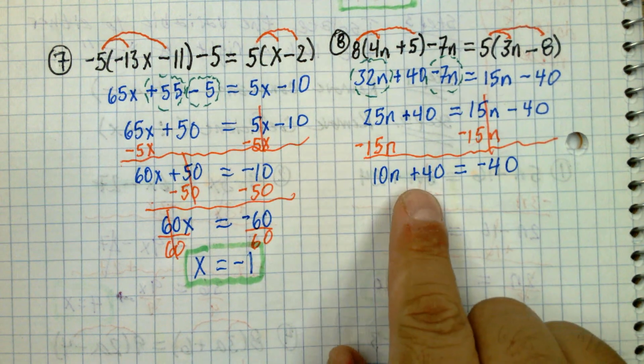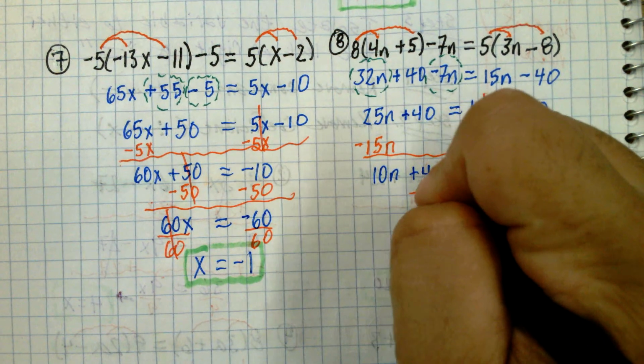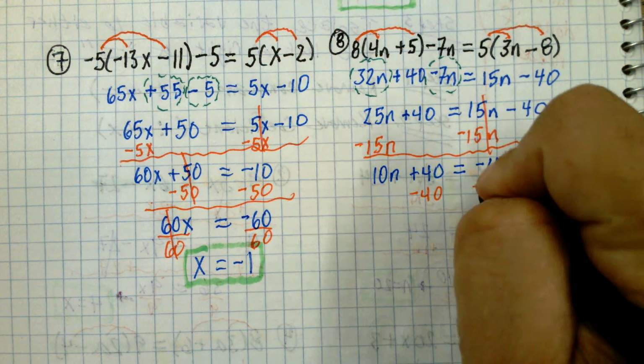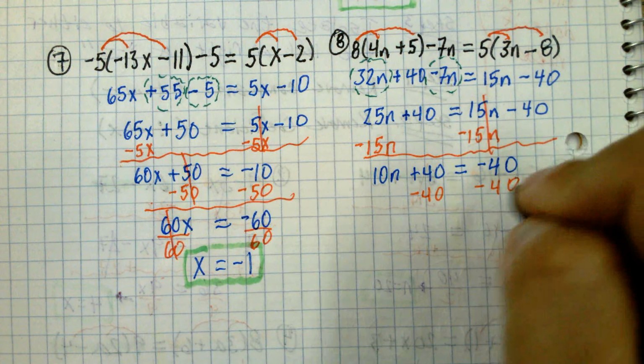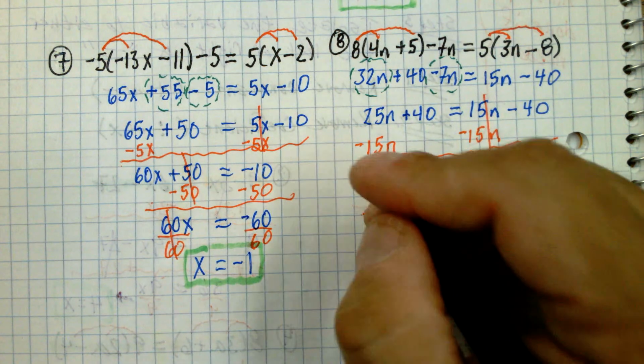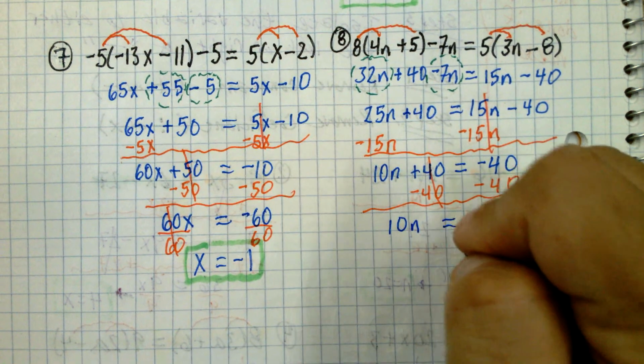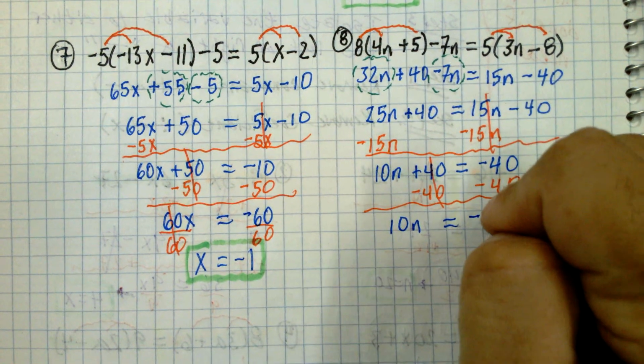And we're going to get rid of our constant. So minus 40 here, and on the other side, negative 80, yeah. So we get 10n equals negative 80.